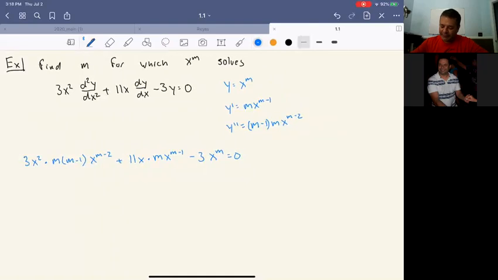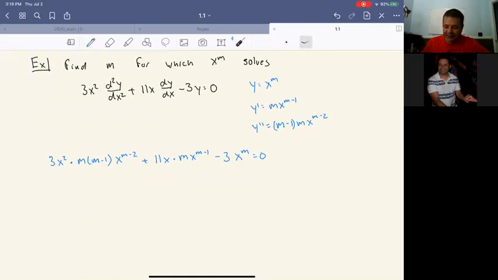What's going to happen here is that this x squared and this x to the negative 2 are going to combine so that you're left with x to the m here. This x and this x to the m minus 1 are going to combine so that you're left with x to the m here.